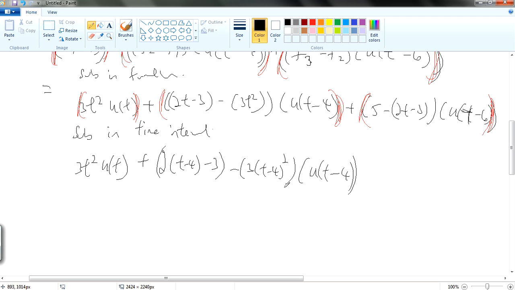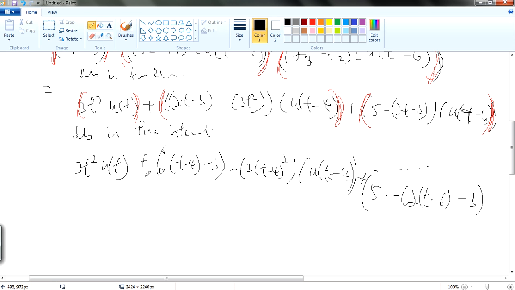The purpose is to correlate the time with the time interval within here. And so on for this, you sub in t minus 6 for the other, minus 3.